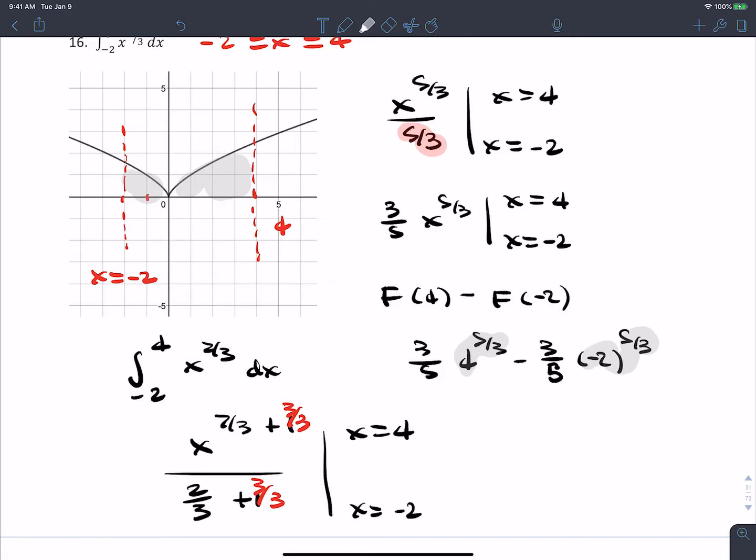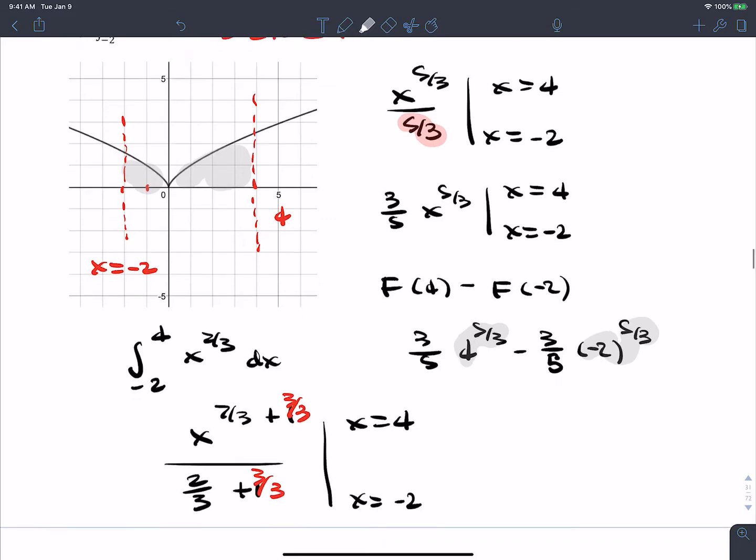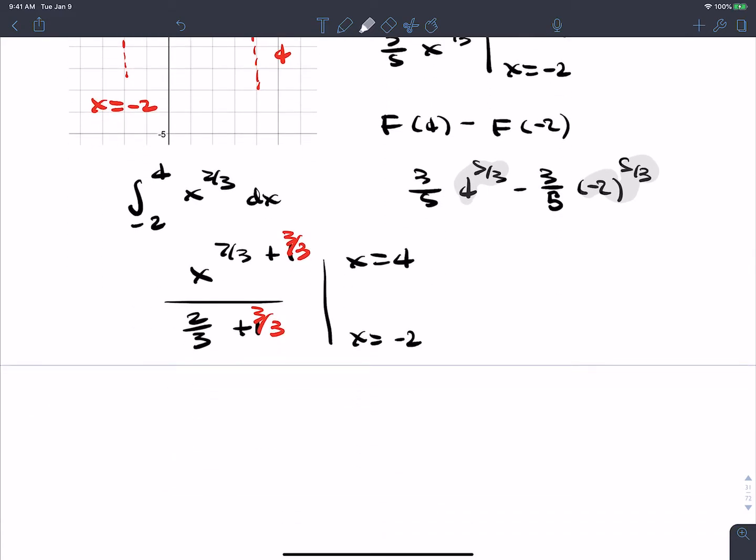So how did we write these things? I think I did some in your homework. Let me show you what I mean. Let's write this down: 3/5, 4 to the 5/3, minus 3/5, negative 2 to the 5/3.